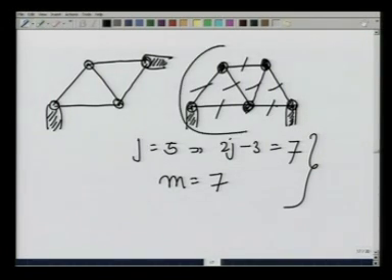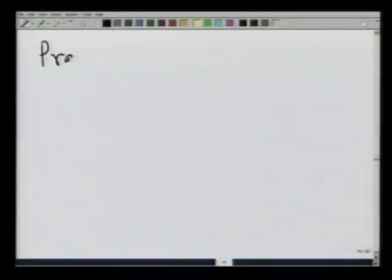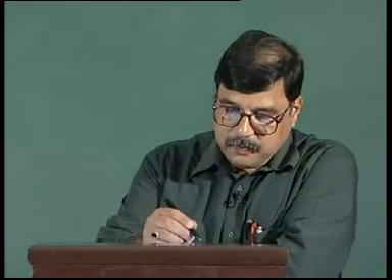This is capable therefore of remaining in equilibrium when loaded. Several examples of trusses that you see in everyday life are, for example, the Pratt truss, which is like this.